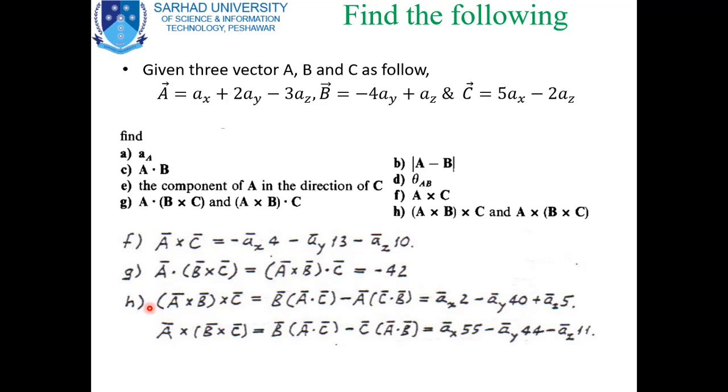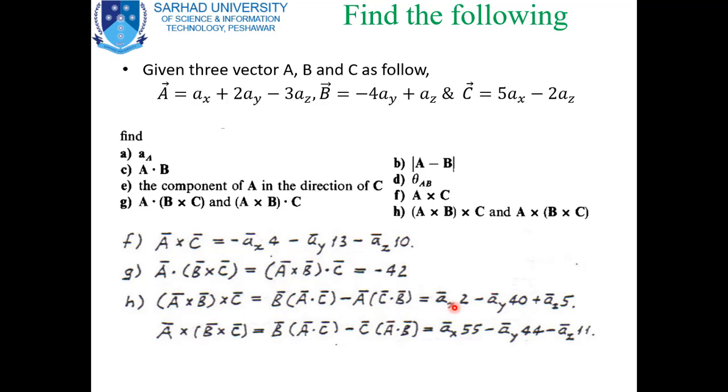In the second step we also change the order of the vectors in the bracket. So we will write B cross A and we will have a negative sign as well. So we have two negative signs and they multiply, and our expression becomes positive, and then we can easily apply the BAC minus CAB rule on this expression as well.